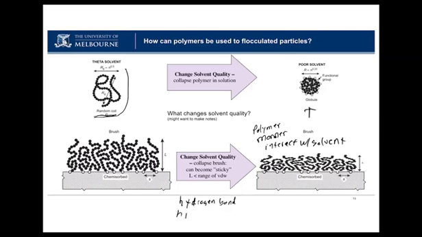We could have hydration. We could have weaker van der Waals or dipole interactions. But those tend to be weaker.